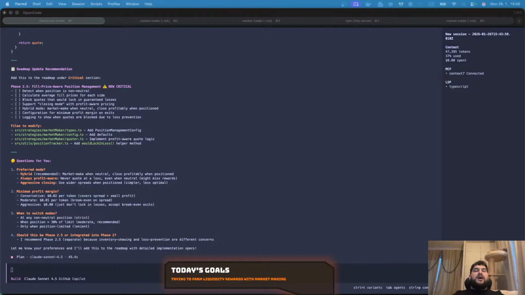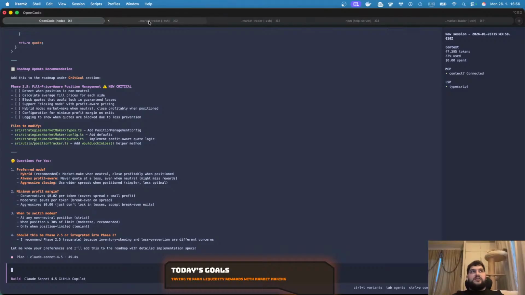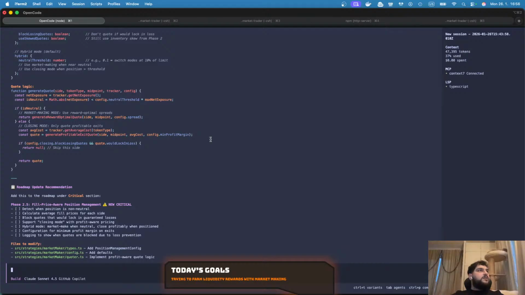For example, right now we were not able to liquidate the position, but we were still not earning any rewards on the market making, and it was just stalling, and we just lost money. So why don't we switch the market making into another market which is market neutral, and we keep the ones that are not market neutral in a new mode where we try to liquidate the position. I think this might be a good idea.